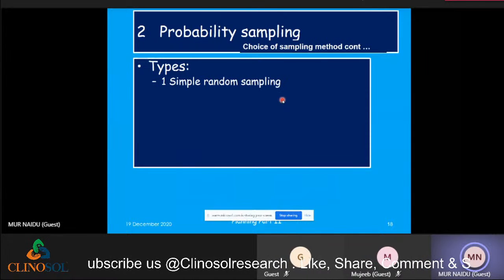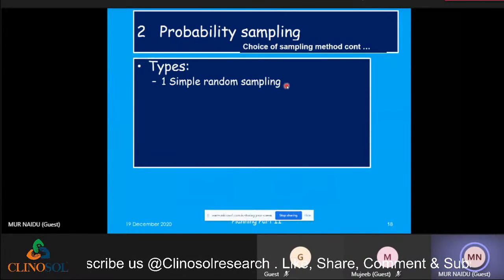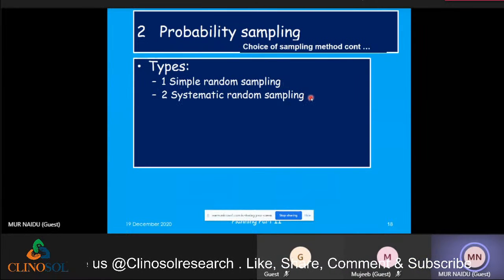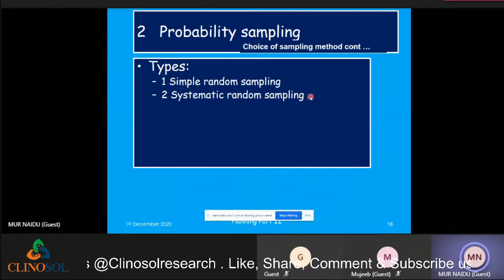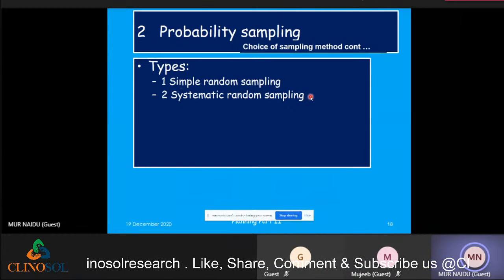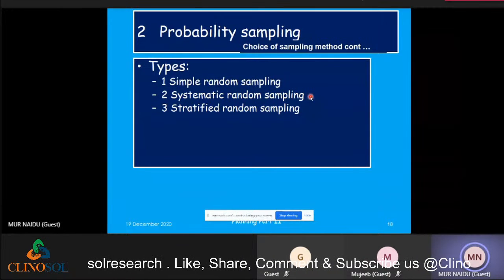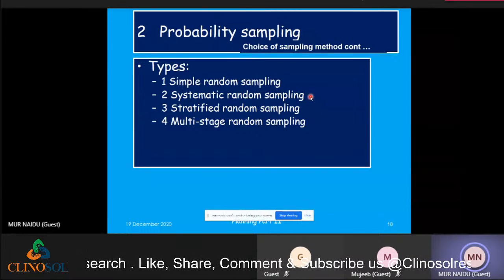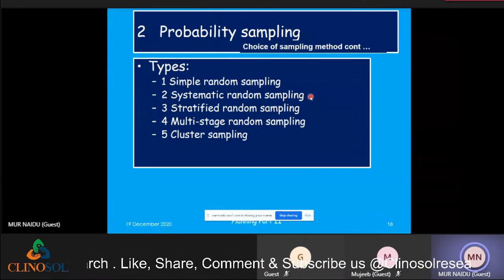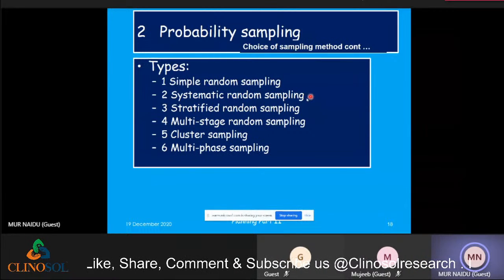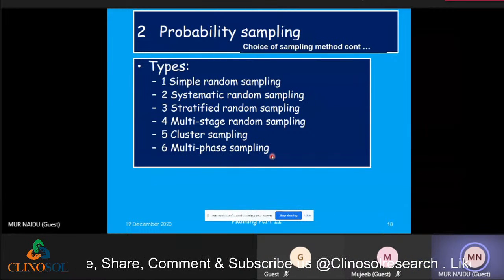And what are the types? There is simple randomization of sampling. There can be systematic randomized sampling, where you have a system by which you are doing the randomization, or you have stratified randomized sampling, or multi-stage random sampling, or what is known as multi-phase sampling.